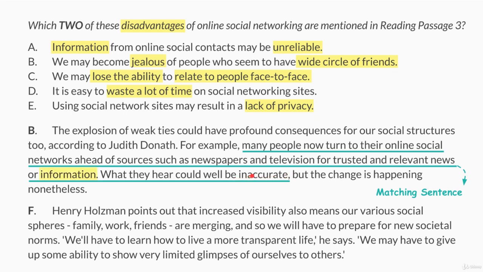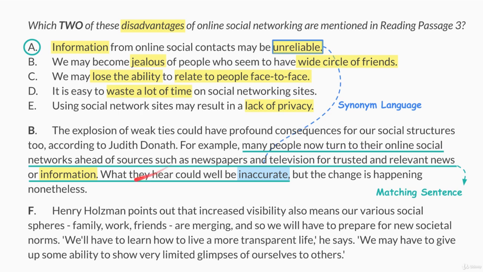That term inaccurate is synonym language for unreliable. Unreliable. Something that you cannot trust. Something that can be wrong. Unreliable. So the correct answer choice, or one of the correct answer choices, is going to be the letter A.